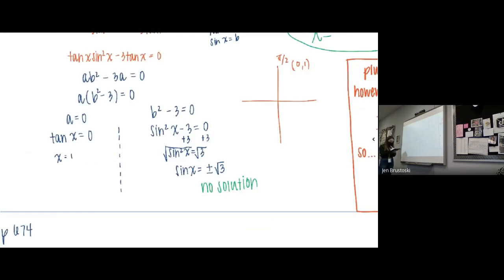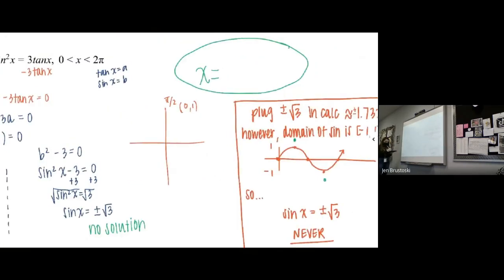This is supposed to be 0, pi, and 2 pi. Because this is undefined and this is undefined, so these are the points where tangent's equal to 0. So then only pi is our answer because 0 and 2 pi are not included. So x is equal to pi, and that's it.